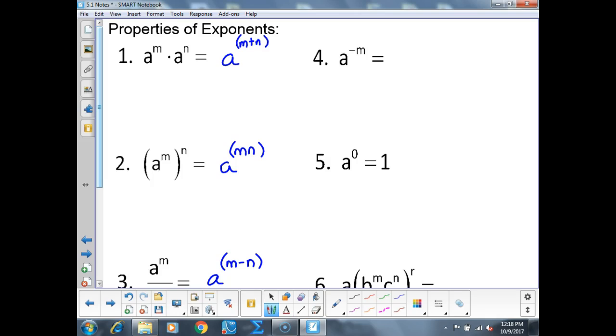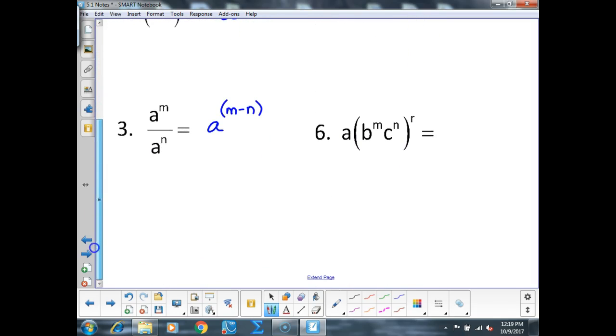No, don't like it. So we have to move that whole thing to the bottom to make it positive. Or, conversely, if it's already on the bottom, I move it to the top to make it have a positive exponent. Exponent rule number 5, anything to the 0 power is 1.